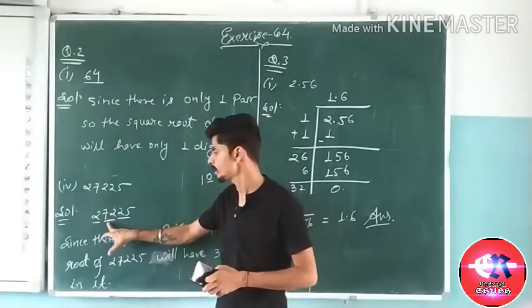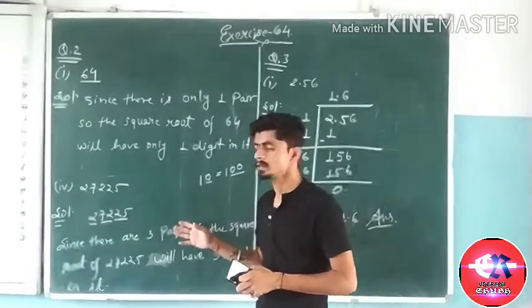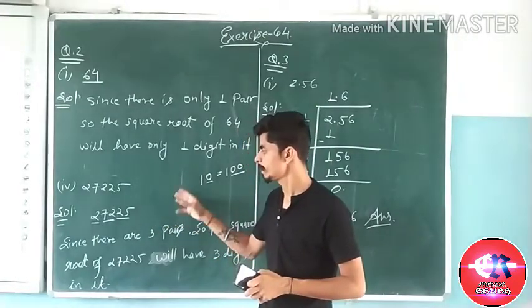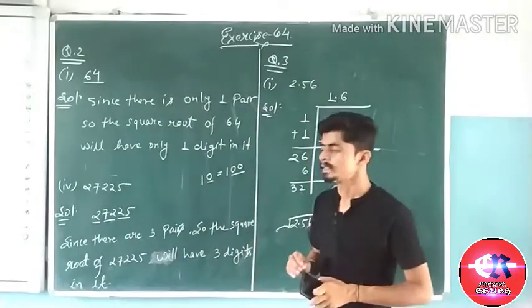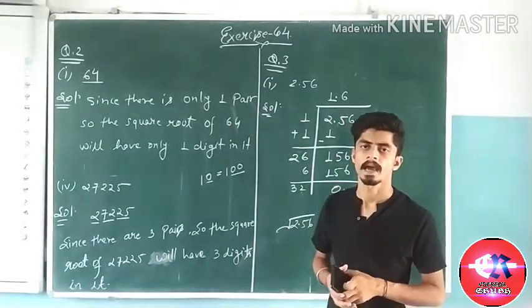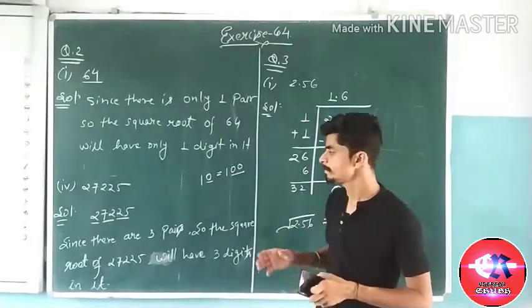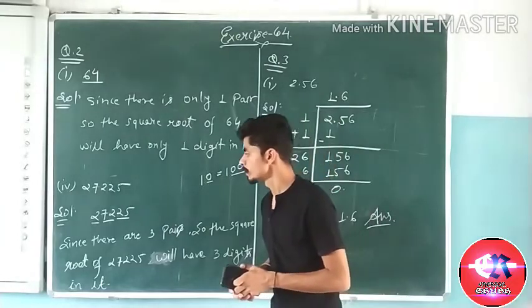That means we have 1, 2 and 3 pairs. So we have to count the number of pairs in a particular number. There are 3 pairs, so that many digits are there in the square root.